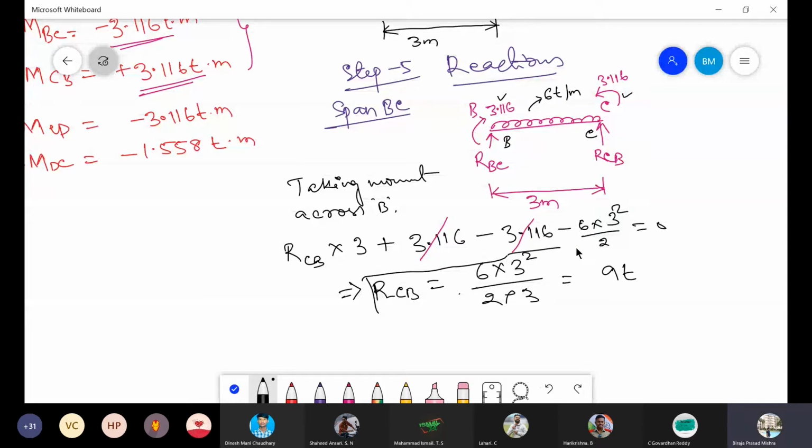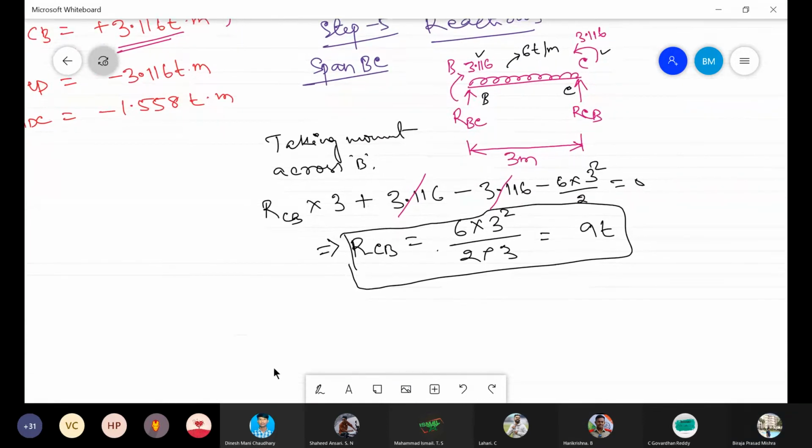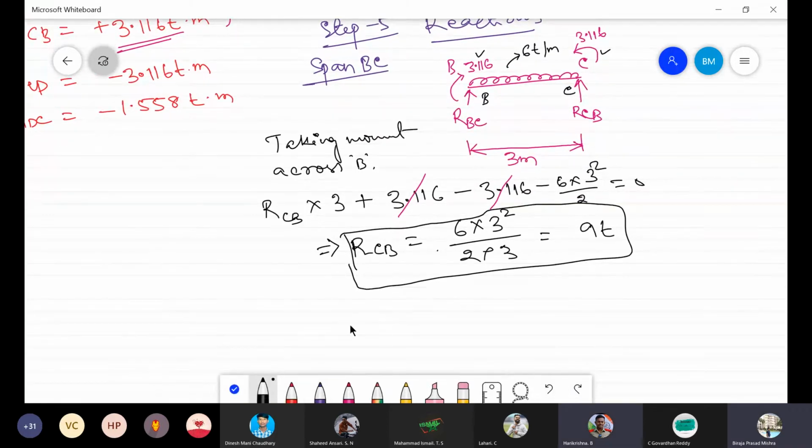If RCB equals 9 ton, then how will we determine RBC? Summation of Fy equals 0.